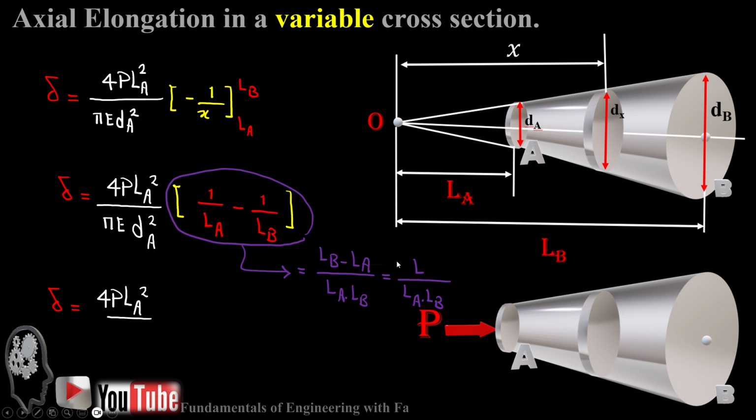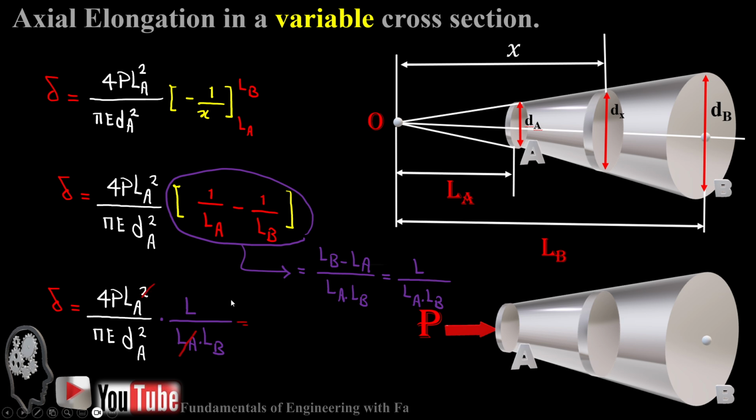And then delta is nothing but 4 times P times L_A squared over, in the denominator, pi E d_A squared. Then multiply by L in the numerator and L_A L_B in the denominator. It just comes from here.